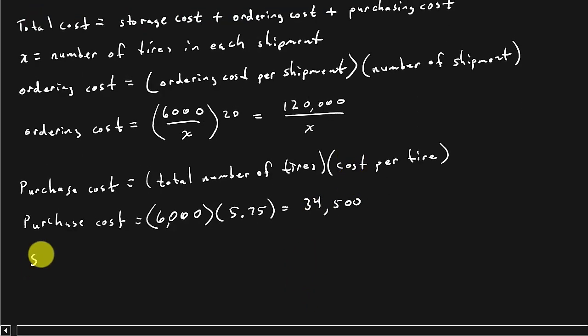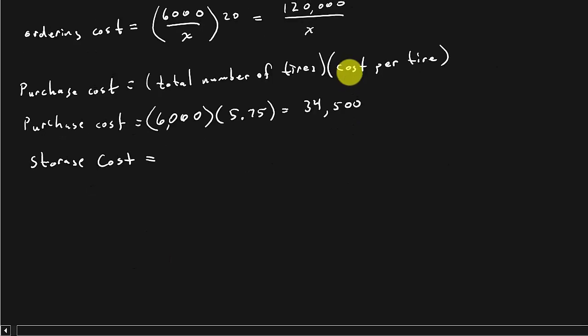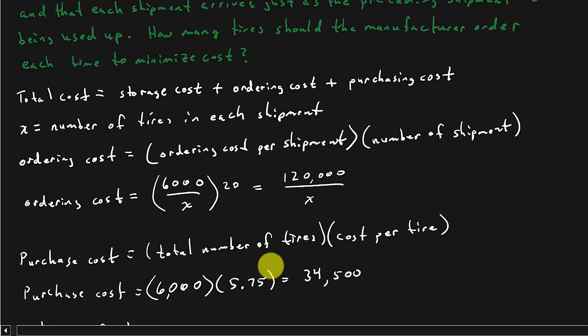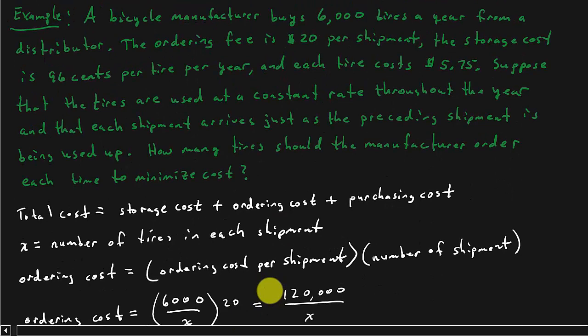And then we have storage cost. This is the one that can get kind of tricky. All right, so let's see. It says the storage cost is 96 cents per tire per year.